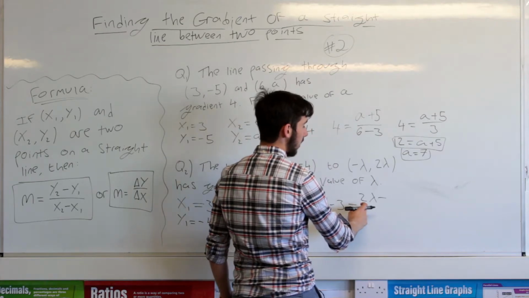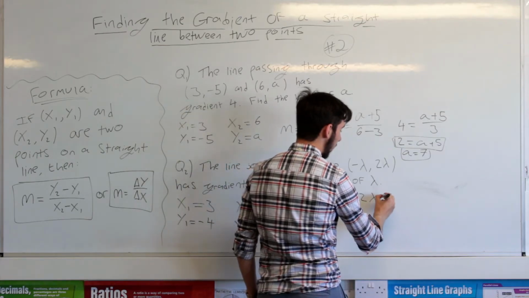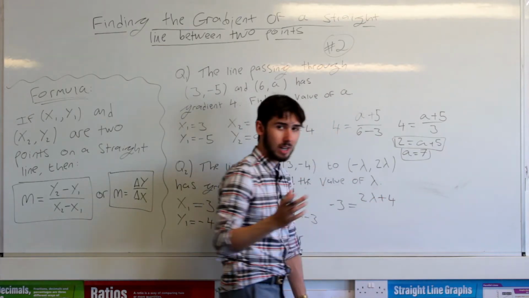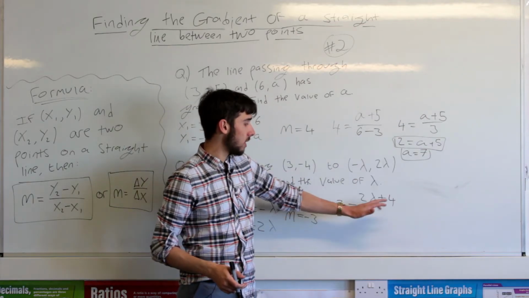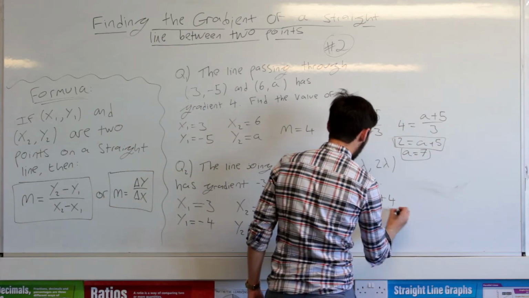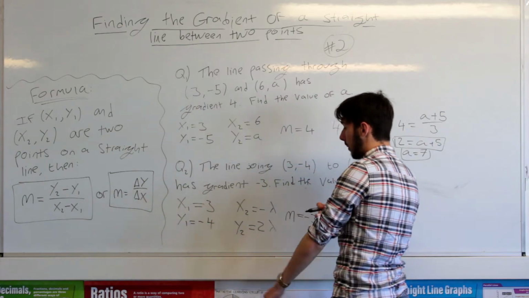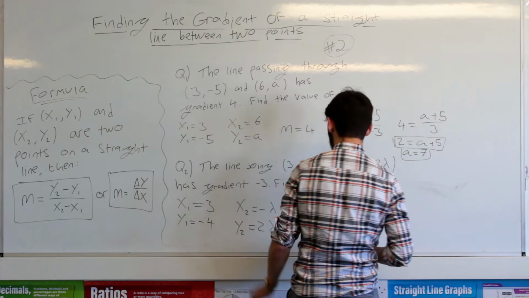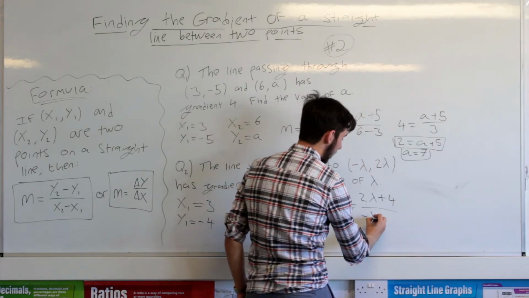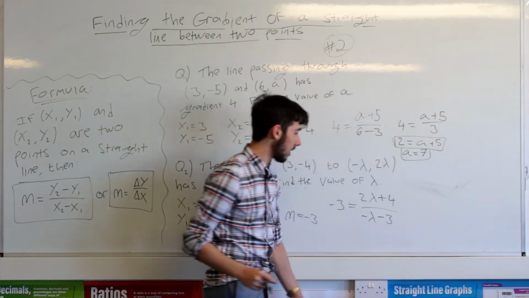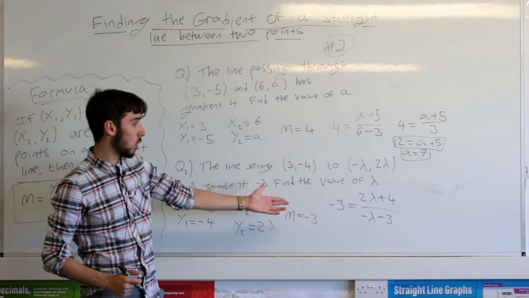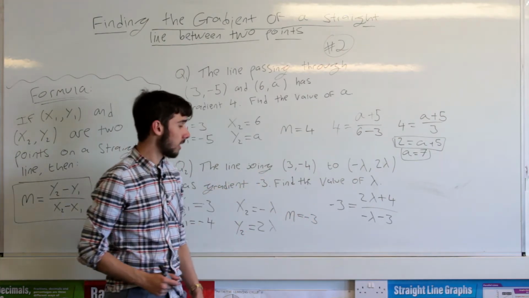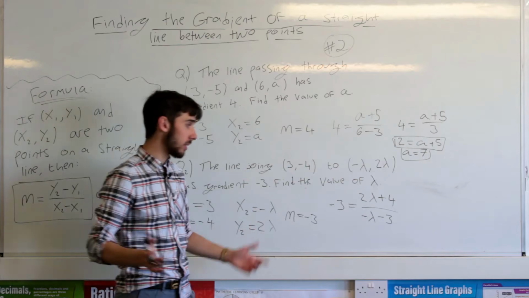So 2 lambda minus minus 4 gives us this double negative situation. We get 2 lambda plus 4. We divide by x2 minus x1 using the formula, and so we get minus lambda minus 3. Now that's an equation. We can solve it. We can make lambda the subject. If we make lambda the subject, that will be the answer.